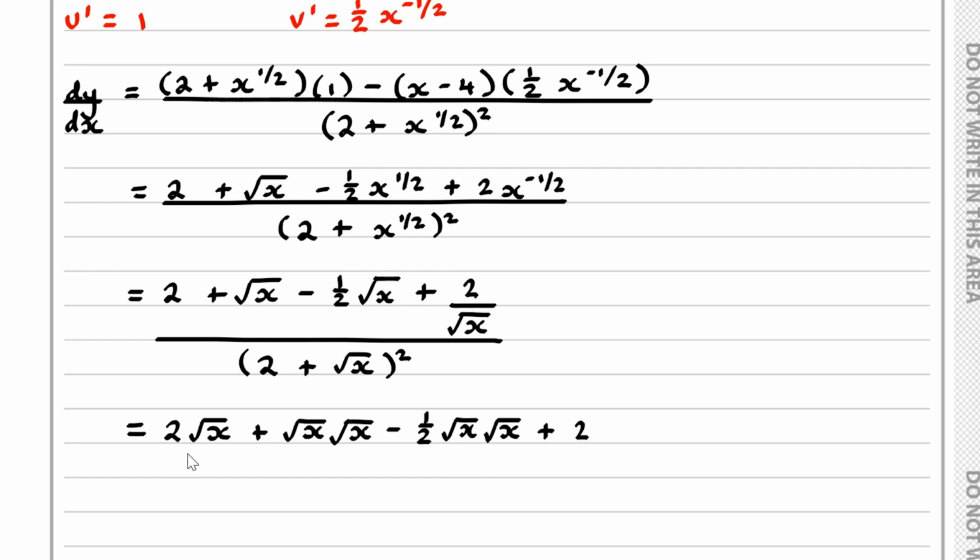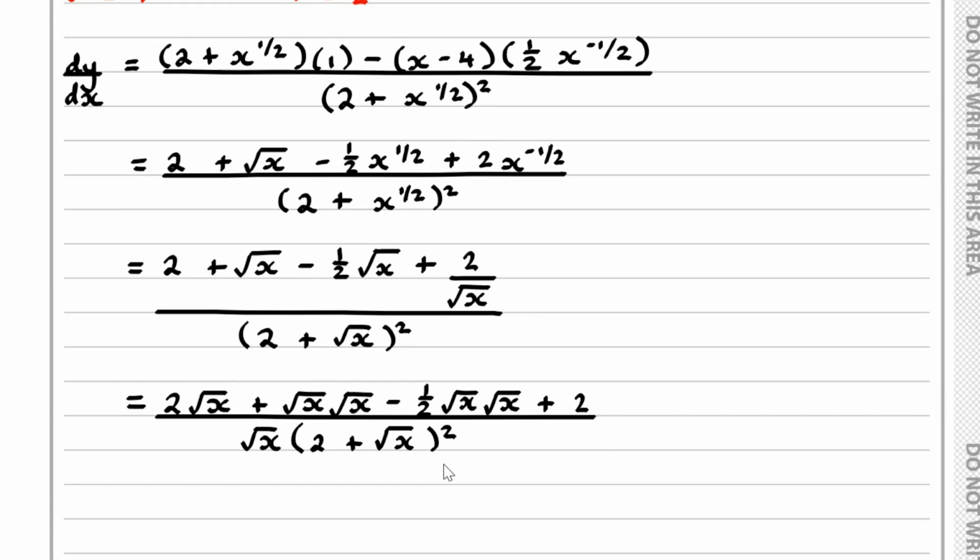That's what we have on the top. And on the bottom, we've got square root x, lots of (2 plus square root x) squared.